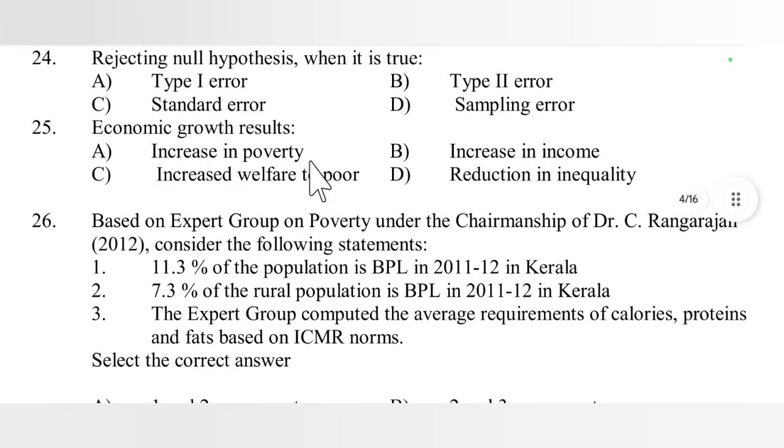Then question 25: economic growth results in increase in poverty, increase in income, increase in welfare to the poor, or reduction in inequality. Economic growth typically results in an increase in the country's total output, which generally leads to an increase in income.